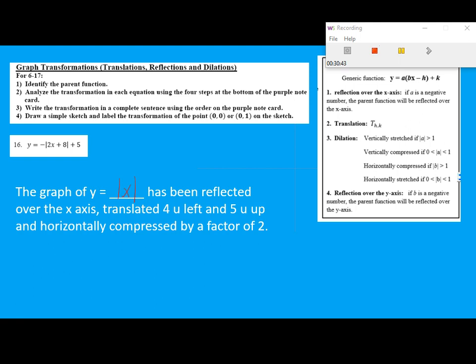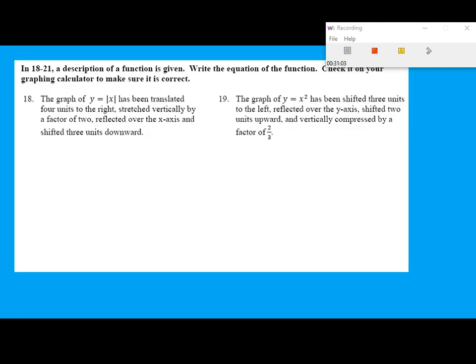Now, if you would, let's come over to number 18. You're going to be given some information, and then we're going to write the equation. So I'm going to go the same steps that we've been doing. Let's put a 1, 2, 3, 4, and let's go see if that information from that purple note card or that white piece of paper that you have is there.